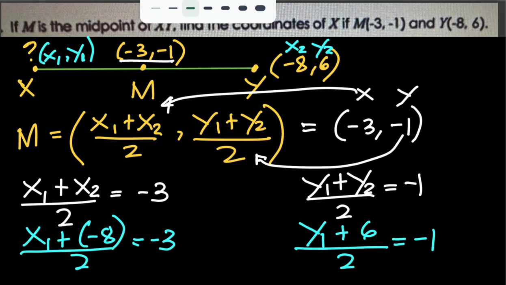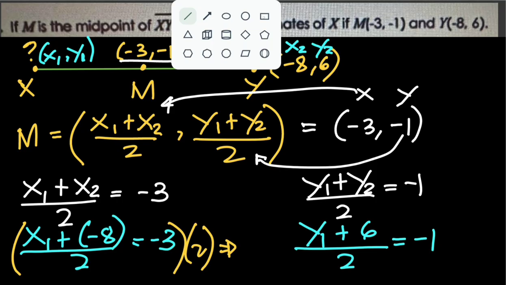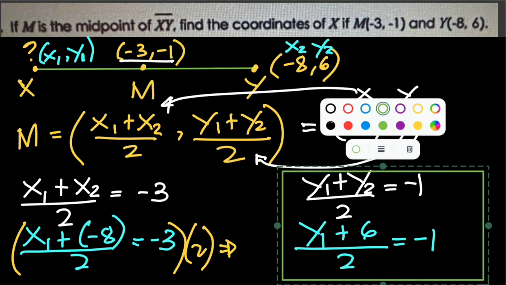And now we can calculate the value of x sub 1. We multiply both sides by 2. Let's solve for x sub 1 first.